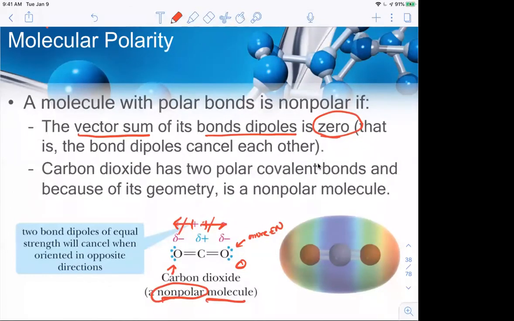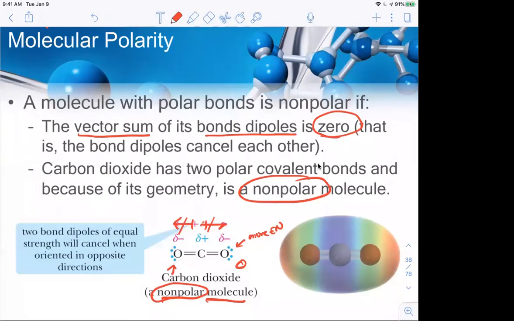Each one of those carbon-oxygen bonds is in fact polar, but because I have a linear geometry and those bond dipoles are equal in magnitude because the two atoms are the same, but opposite in direction, they are going to cancel each other out, which gives me a net zero sum in terms of the dipole, which means this is going to be a non-polar molecule.